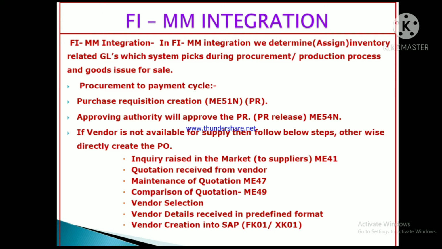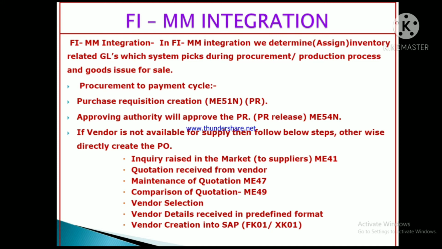First of all, we have to raise the inquiry in the market by the T code ME41. Then we will receive the quotation from the vendors. After that, maintenance of quotation under the T code ME47. We will maintain the quotations, and then comparison of quotation with the T code ME49.